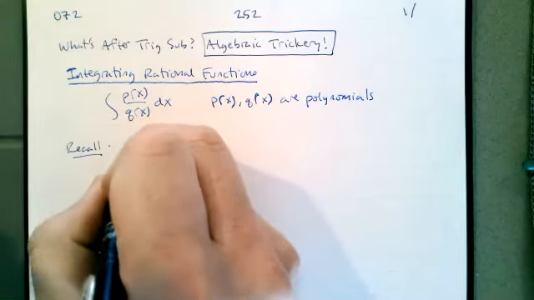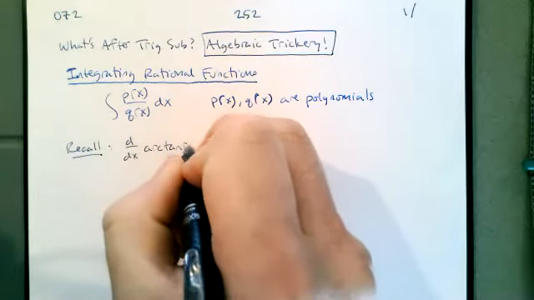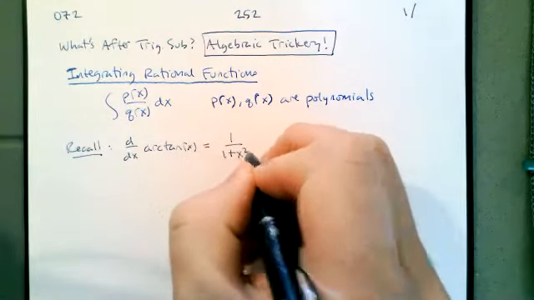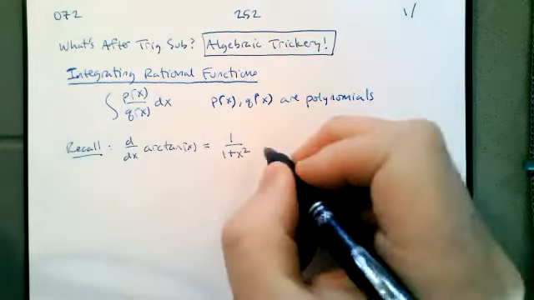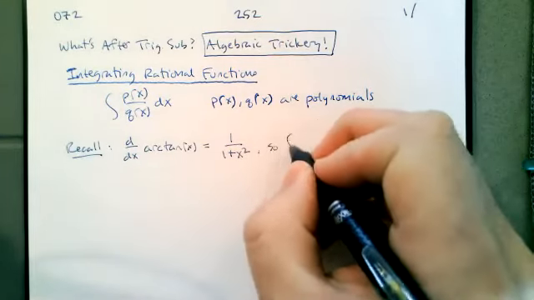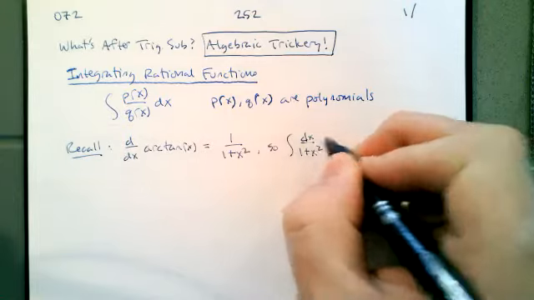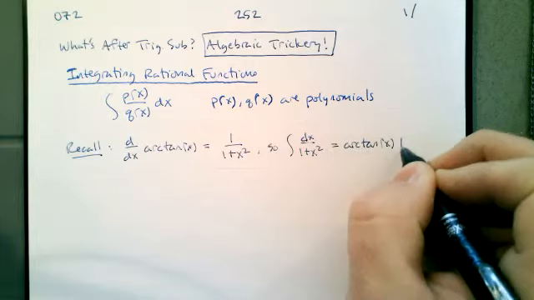that the derivative of arctangent x, that's the tangent inverse of x, is 1 over 1 plus x squared. And so what this means is that if we integrate 1 over 1 plus x squared, we get arctangent of x plus c.